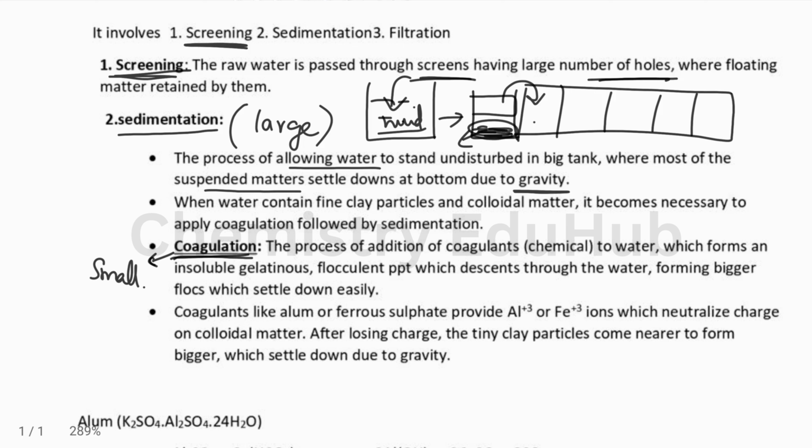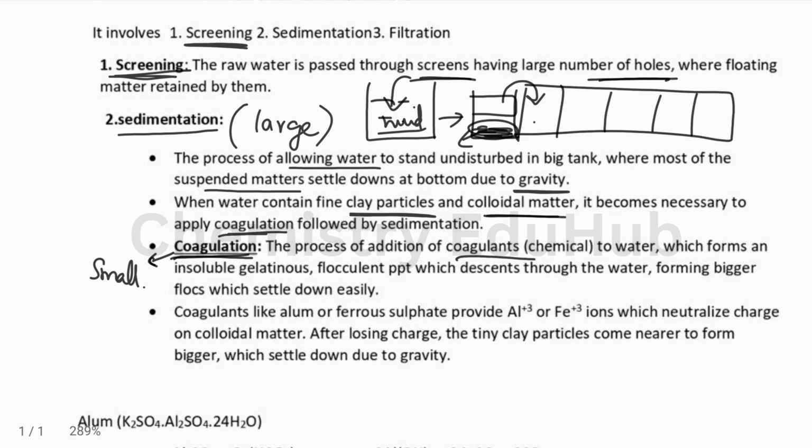Now this is just a sedimentation process when the suspended particles are large enough. But when the water contains fine clay particles or colloidal matter, meaning the particle size is not very small, not very large, it is in between, and does not dissolve in the water, like milk particles, then it is necessary to follow the coagulation technique after the sedimentation process also. So what is coagulation?